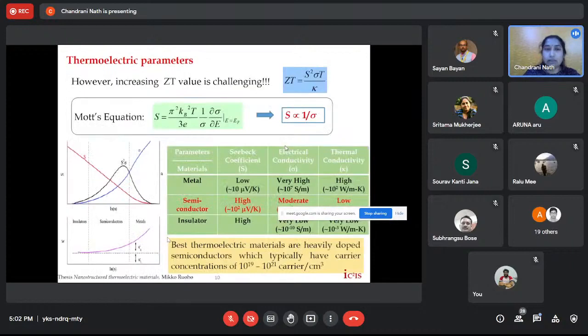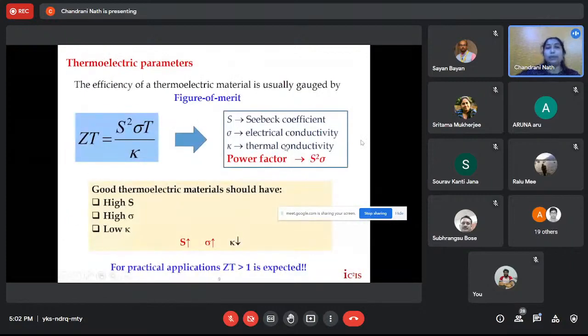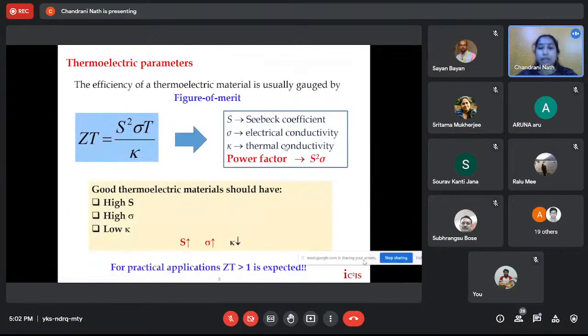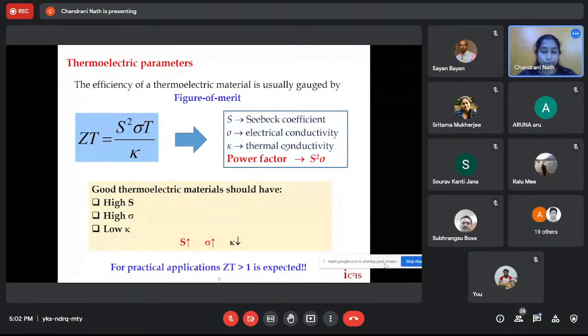So let's see the parameters that gauge the efficiency of a thermoelectric material. The efficiency of a thermoelectric material is usually gauged by the figure of merit, described as ZT. That usually depends on the Seebeck coefficient S, the electrical conductivity sigma, and the thermal conductivity kappa.